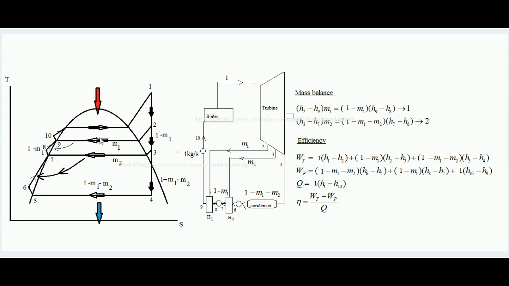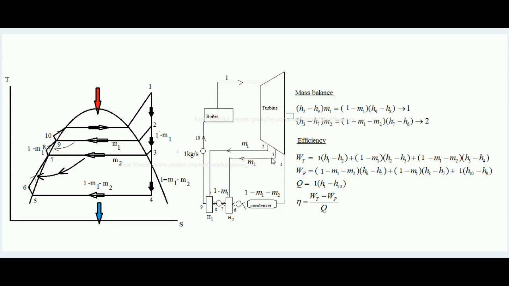Now whatever heat is dispensed by this m1 is taken by liquid water of amount 1 minus m1 kg per second, and this liquid water is heated between point 8 to 9. So this heating is done by this condensing steam m1. So our energy balance would be (h2 minus h9) into m1 equals (1 minus m1) into (h9 minus h8). This is our equation 1.